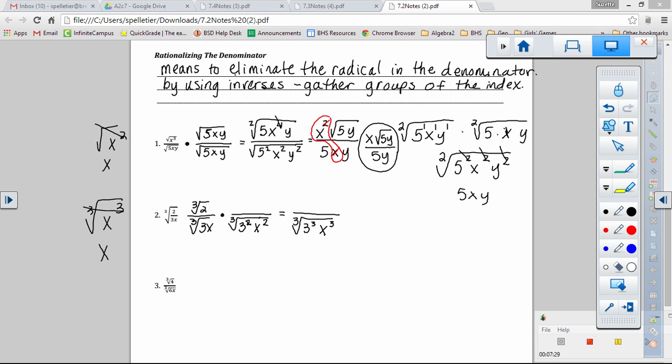So remember that they cancel, and my denominator is going to say 3x. Okay? When you multiply the denominator by the third root of 3 squared x squared, you need to multiply the numerator by the third root of 3 squared x squared.